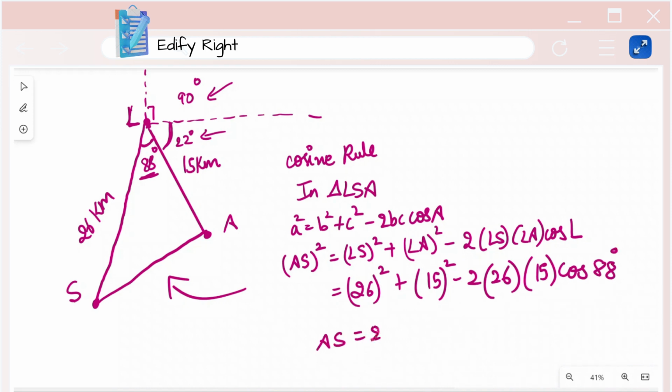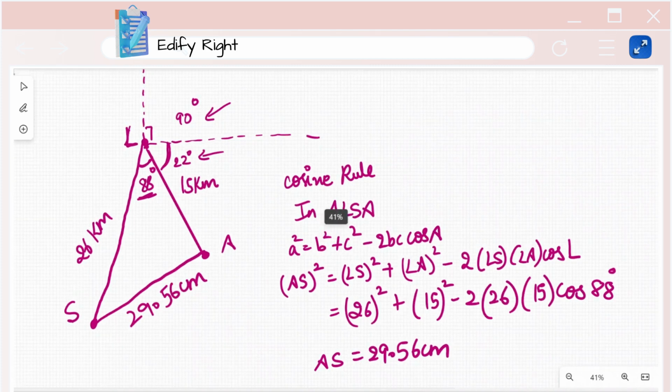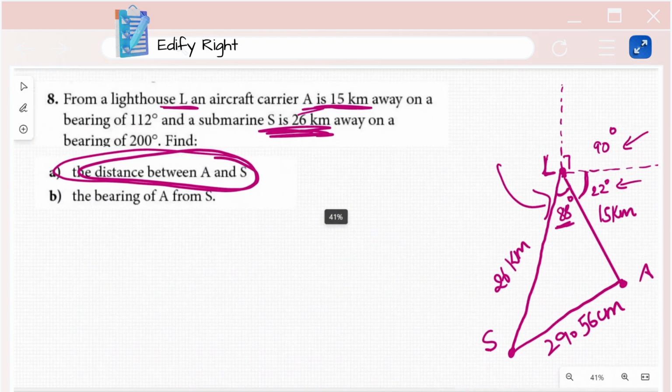And when you do the calculation, you get AS to be 29.56 centimeters. So this side over here is 29.56 centimeters. To have a quick recap, first we found one angle over here, angle L, and then we used the cosine rule to figure out the side AS.